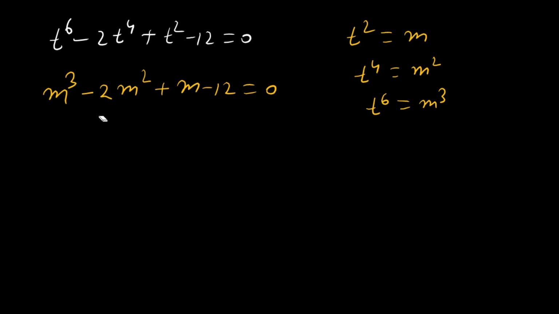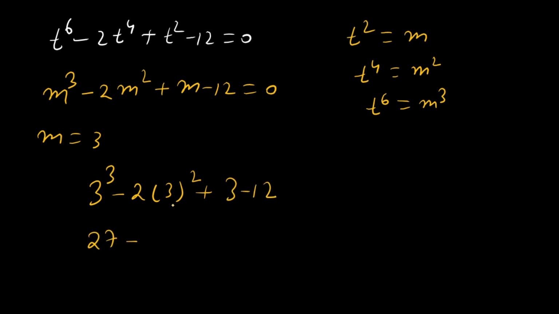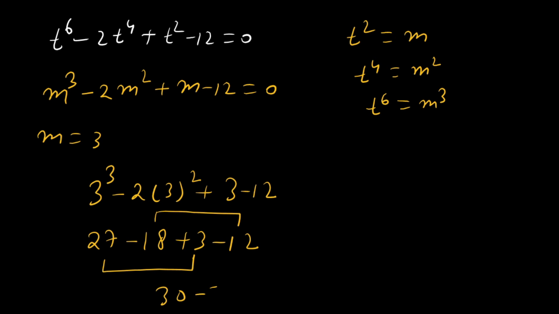Here if we substitute m equal to 3, then 3^3 − 2 times 3^2 + 3 − 12. 3^3 is 27, 3^2 is 9, 9 times 2 is 18, plus 3 minus 12. 27 plus 3 is 30, minus 18 minus 12, that is 30. So 30 minus 30 is 0. It means m equal to 3 is a solution of this cubic equation.